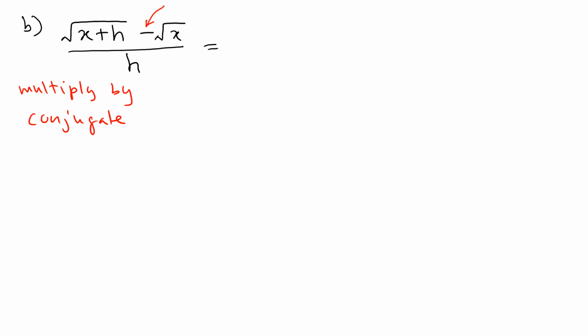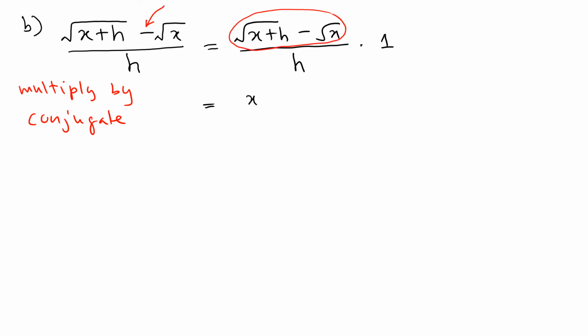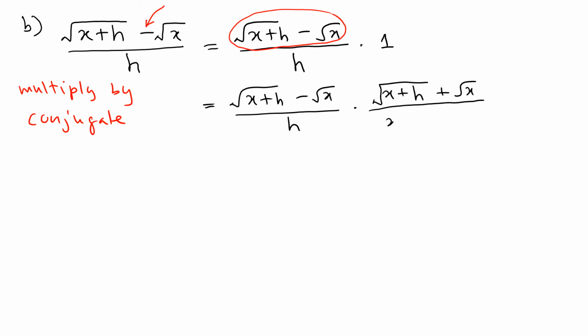So we rewrite this as square root of x plus h minus square root x, divided by h, and multiply by a special 1, which is the conjugate of that term. We write the conjugate: square root of x plus h, no change there, but we change the sign here, plus square root x. We multiply the top and bottom by that, because this is simply 1 with the exact same term.